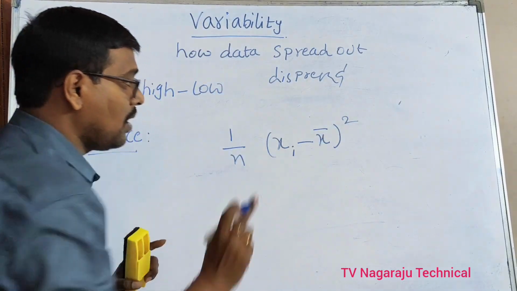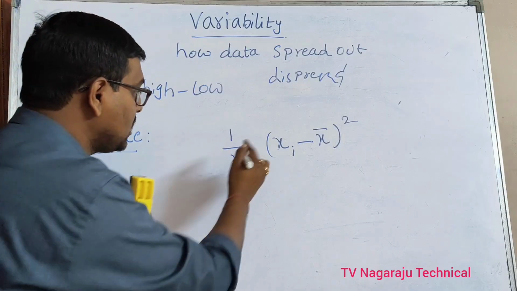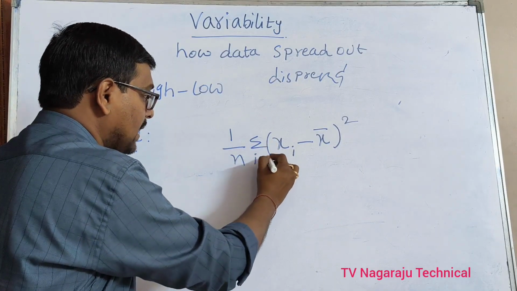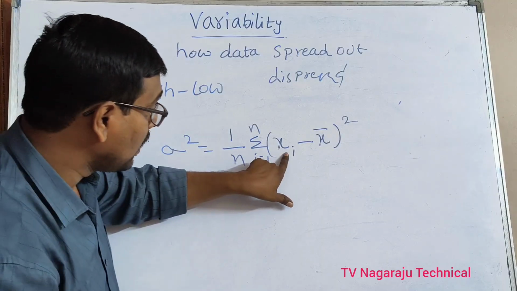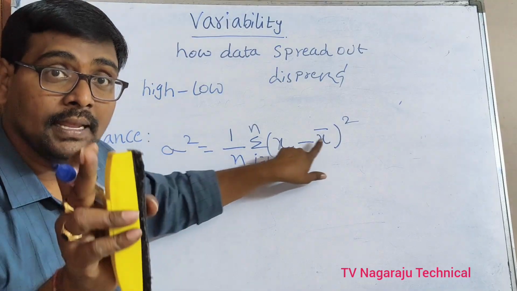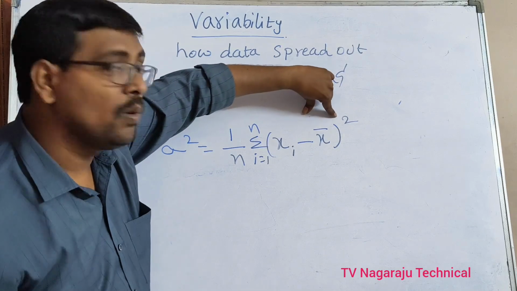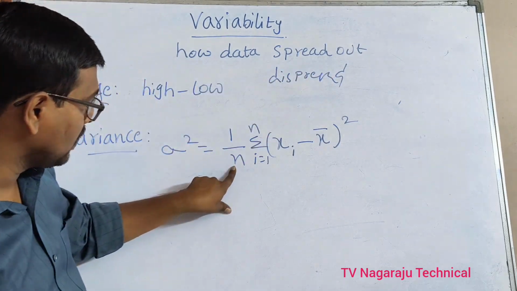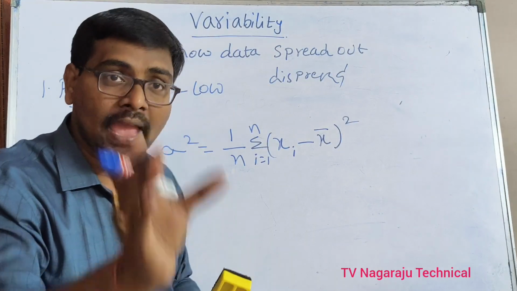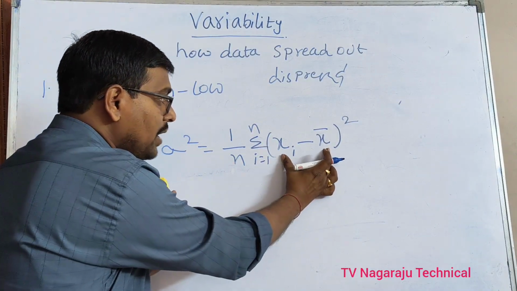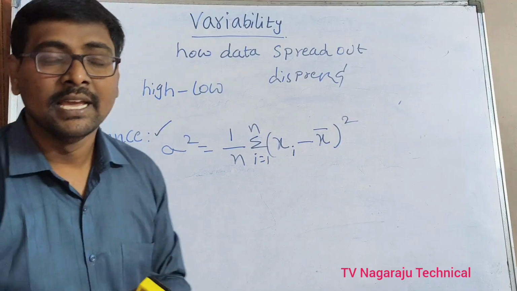What is x bar? X bar is the mean. Xi means each data point. So we subtract the mean from each data point, then square it. Finally, we take the average.